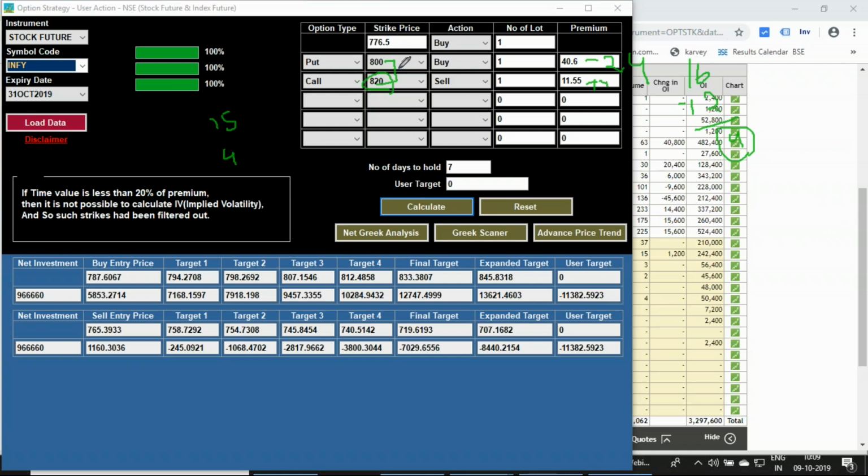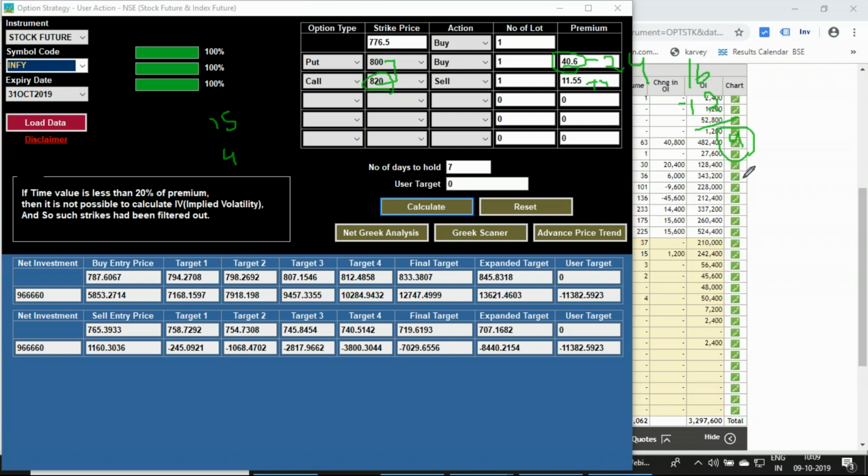How have I calculated the profit? Between the call and put, there is a 20 rupees difference in the strike. Time value you are paying is 16 rupees while buying this put option.